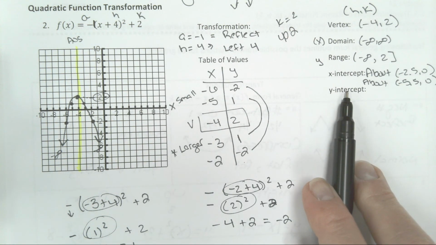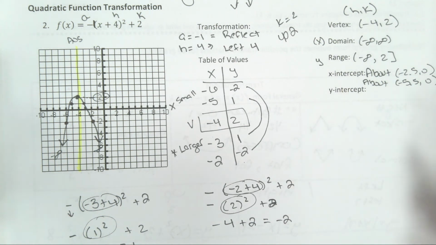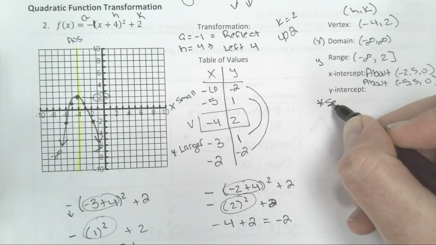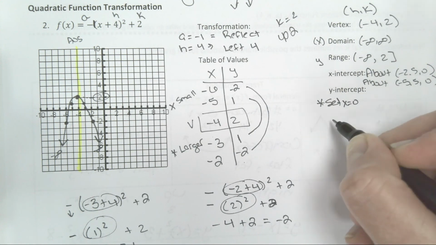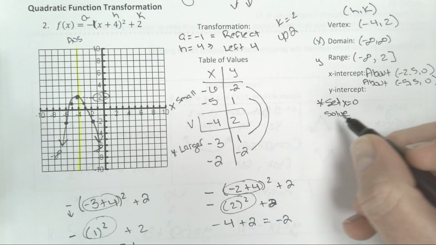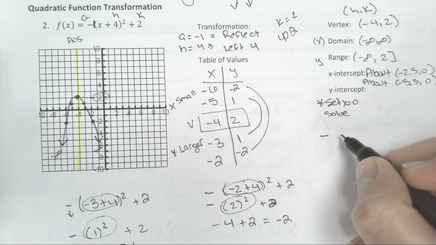The y-intercept you can get. To figure out the y-intercept, you set x equal to 0 and you solve. So it looks like we have to do math one more time.